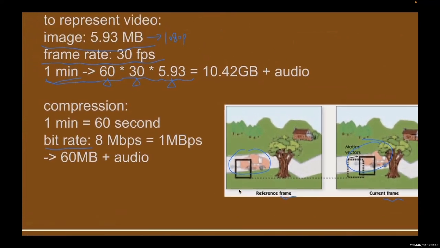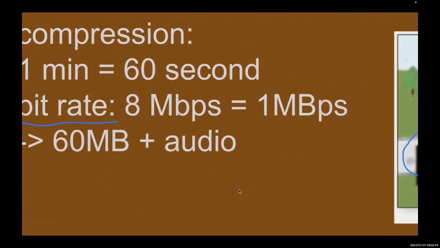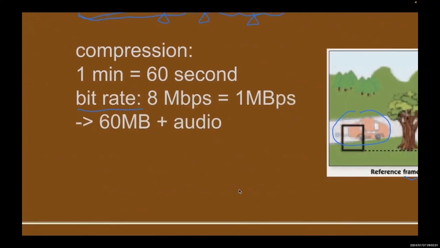So we just introduce a new thing called a bit rate. If the bit rate is 8 Mbit per second, which is 1 MByte per second, 8 Mbit divided by 8, right? And 1 MByte per second means that 1 second of video is represented by 1 MB.